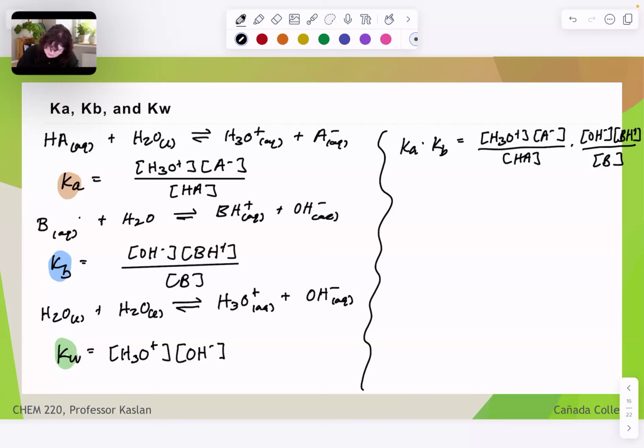And if I were to maybe pull out concentration H3O plus and concentration OH minus, then this would allow me to leave behind the following terms. So this would be what's not H3O plus and OH minus.